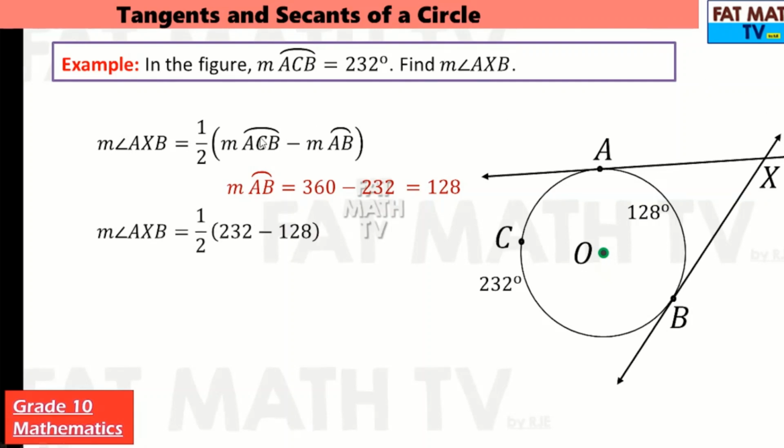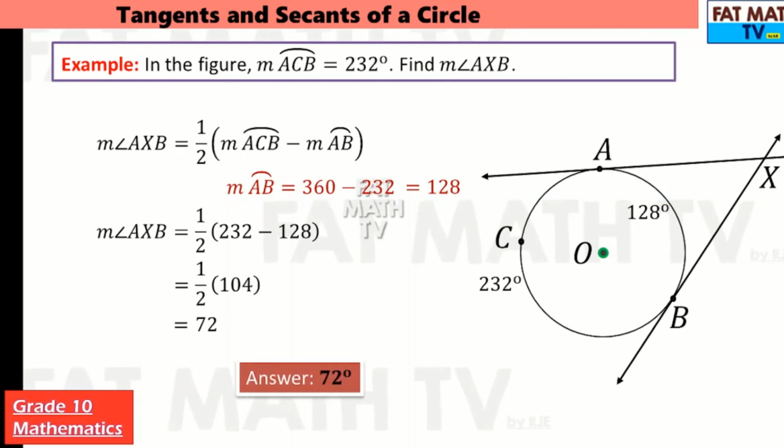So we can now substitute them here. So measure of angle AXB is 1/2 of 232 minus 128. And 232 minus 128 is 104. And half of 104 is 52.